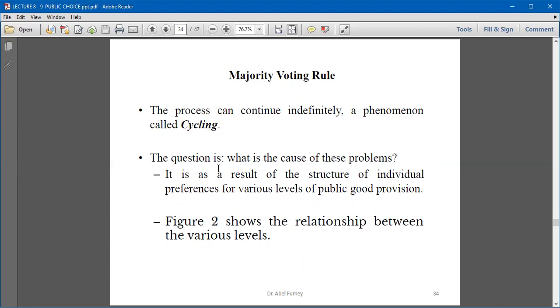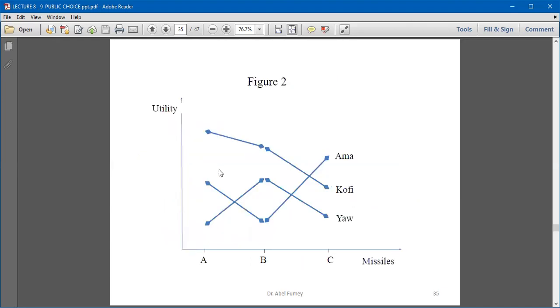Like the example that we saw, the options were A, B, and C. So how are the individuals revealing their preferences? What is the structure of their preferences? If you take the first table that we saw, all the individuals had what we call single peaked preferences.